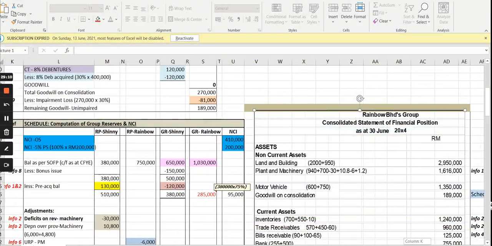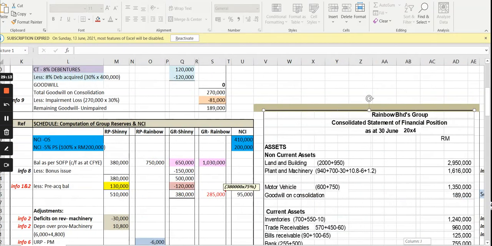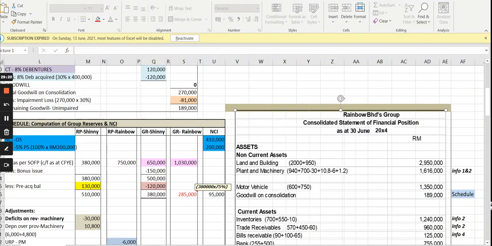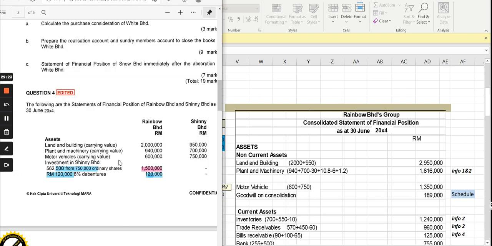Next is the plant and machinery, 940 plus 700. This 30,000 is the deficit, 10,800 is the over provision, and this 6,000 is the unrealized profit on the intercompany sale.